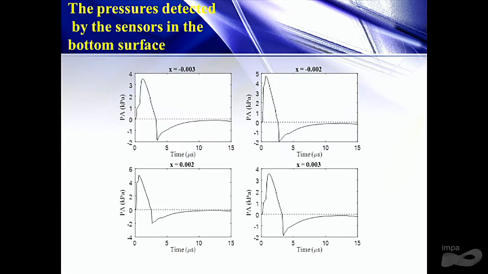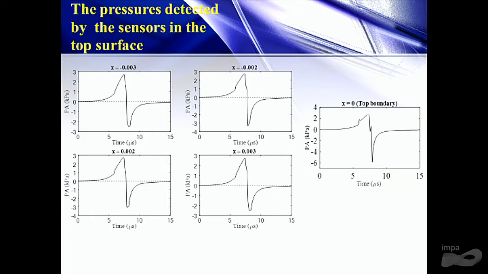We used 4 transducers or sensors on the bottom surface and 5 on the top surface. Indeed, we assumed we have sensors on the surface of the model to get our photoacoustic wave.